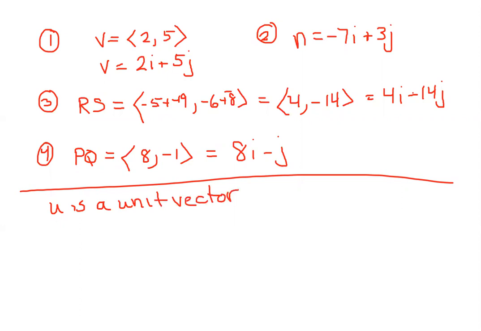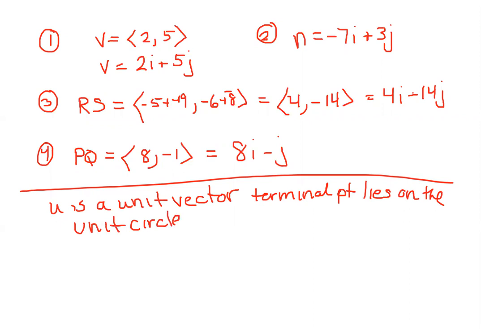Then the terminal point of u lies on the unit circle, because the unit circle has a radius of 1. So this vector, if it has a length of 1, it's going to lie on the unit circle.